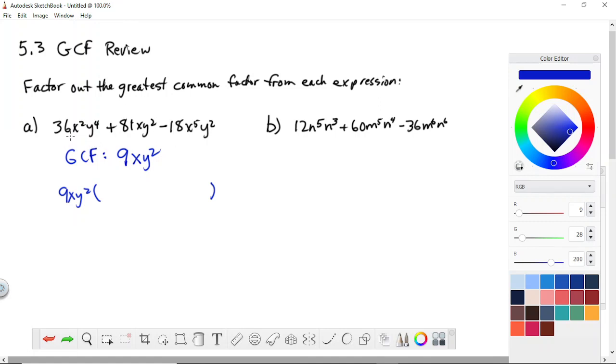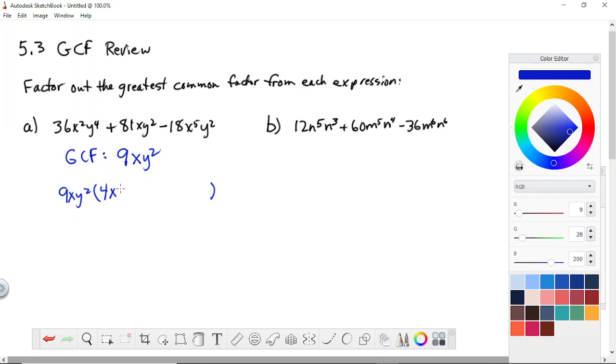So we have 36 x squared y to the fourth, our first term, and we're dividing that by 9xy squared. So we take the number part, the 36 divided by 9, that's 4. We look at x squared divided by x. Remember what to do with the exponents when you divide. Well, x squared divided by x, subtract the exponents, so 2 minus 1 is 1.